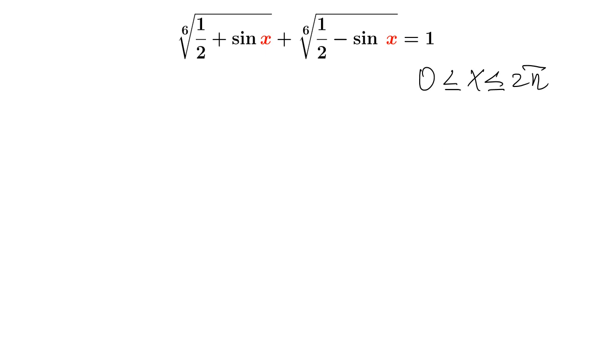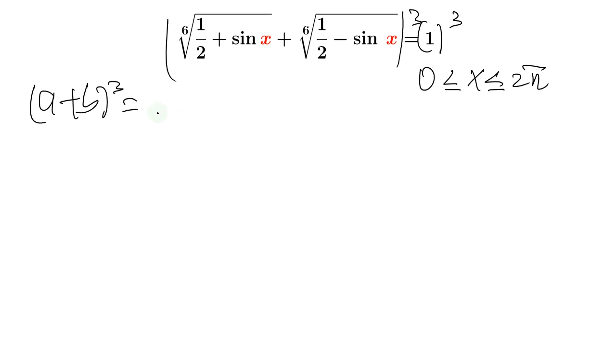To solve without substitution, I'm going to take both sides of the equation to the power of 3. So this one to the power of 3 and this one to the power of 3. If I have a plus b to the power of 3, this is a cubed plus b cubed, plus 3ab, which multiplies a plus b.